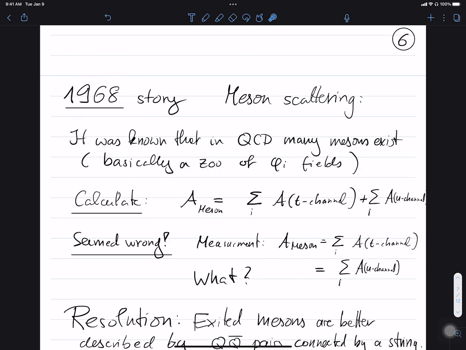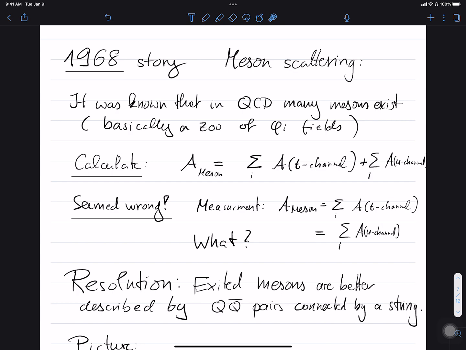In about the 1960s, especially pre-1968 actually, people were studying scattering of mesons in quantum chromodynamics, and they knew that there were a lot of mesons. There's a zoo of these phi fields. You can imagine these phi scalar fields with an index I, and there are quite many of them.